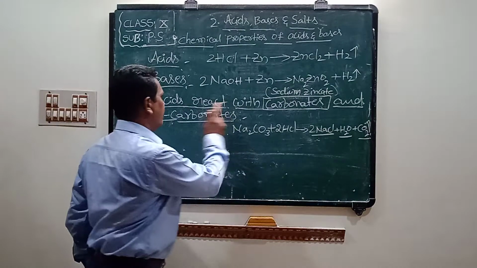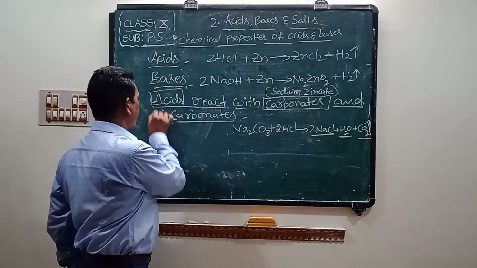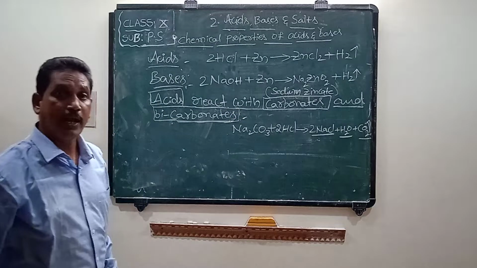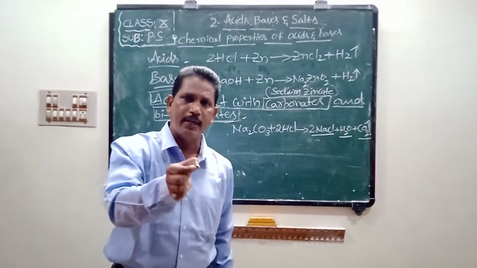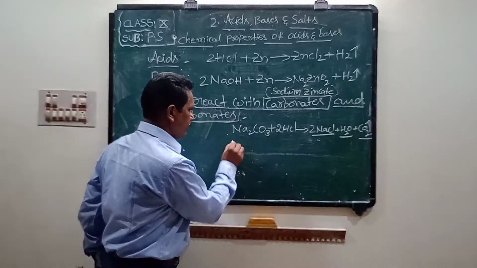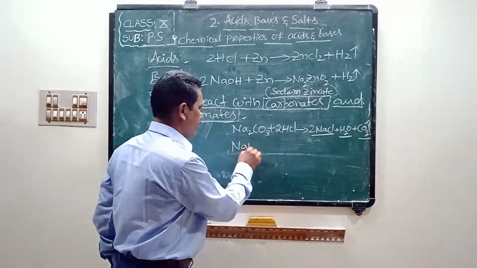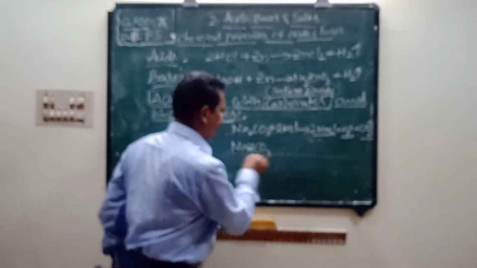When acid reacts with bicarbonates, which are metal hydrogen carbonates. Bicarbonates are also called metal hydrogen carbonates. This is the metal, sodium metal, H hydrogen, CO3 carbonate.